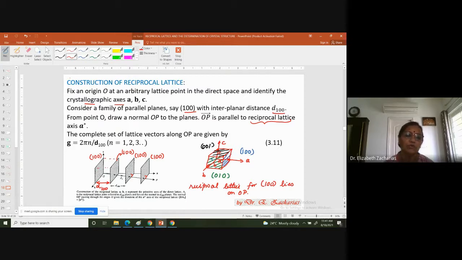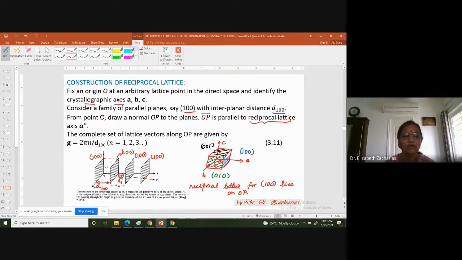We identify a point here and call it A1. It is this point, a reciprocal lattice point, which represents the 100 family of planes. We call it a family of planes because, first, they are parallel to each other, and next, the gap between them is a constant D100. In the last class, we saw that OP is going to have a set of such lattice points.